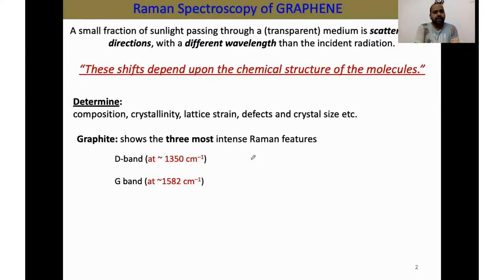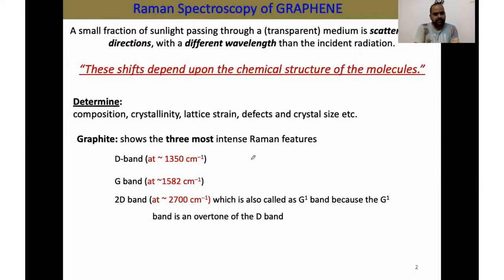We also observe one band around 1582 centimeter inverse, which is known as the G band. Furthermore, another band appears at 2700 centimeter inverse, which is known as the 2D band. Sometimes it is also called the G dash band.